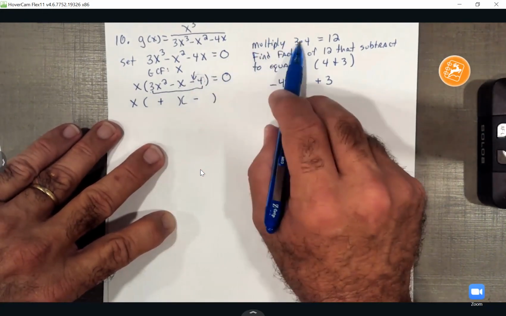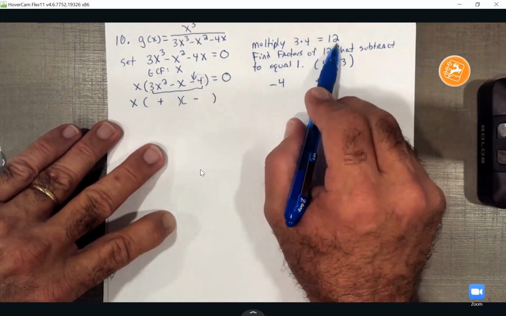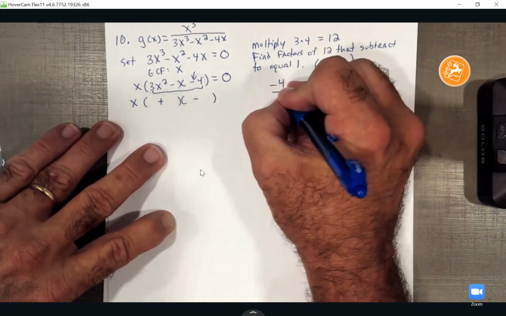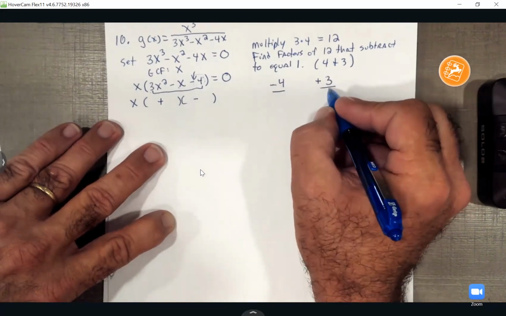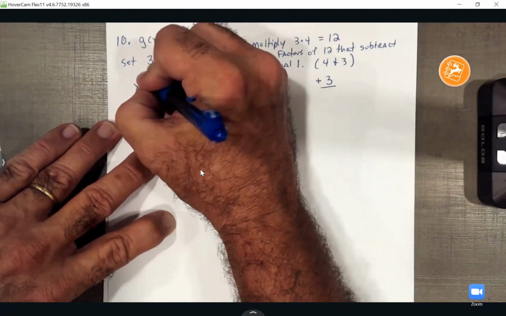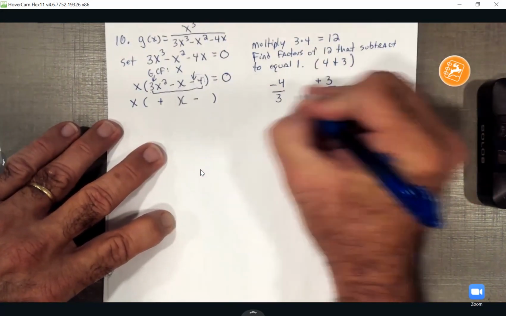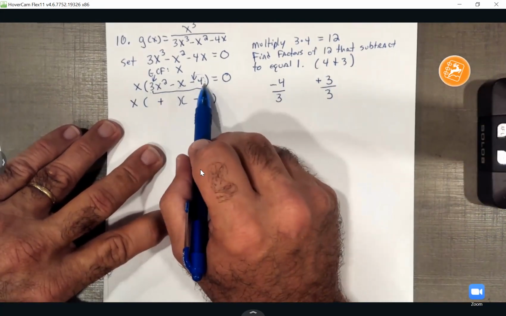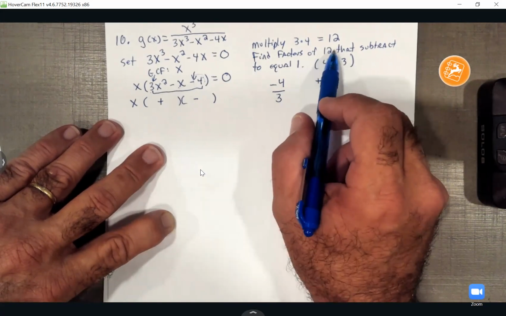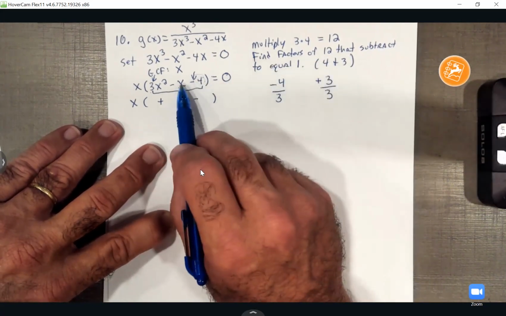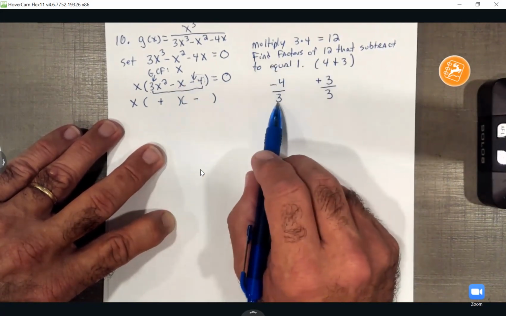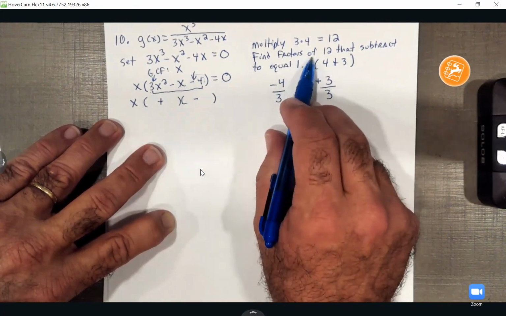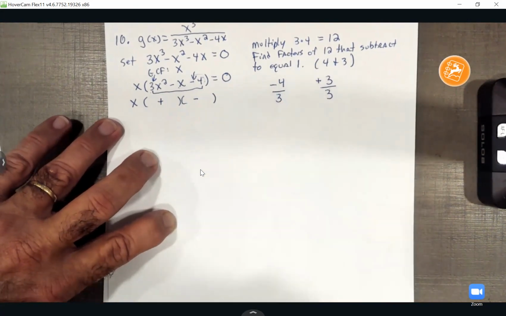When you multiply two numbers to get that last number and then find the two numbers, you've got to divide both of them back by that 3. It's like you borrowed a 3 to multiply by the 4 to get the 12. But once you find your two numbers that add to get the middle, you've got to divide that 3 back out of those.